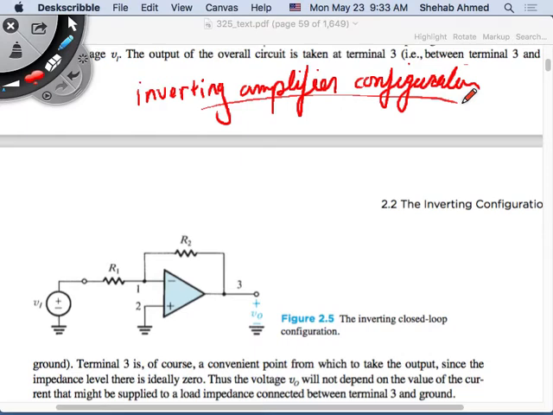Okay, what does this circuit do? As we will see later from the name, what the circuit will do is invert the input signal that we are sending into this device, as well as amplify it, depending on our design of the amplification gain that we want, right? So it will invert it, meaning if I put in a positive signal, I will get a negative signal if it's DC, or if it's a sine wave, I will get something 180 degrees out of phase, not a cosine, 180 degrees out of phase, because I'm just flipping the sign.